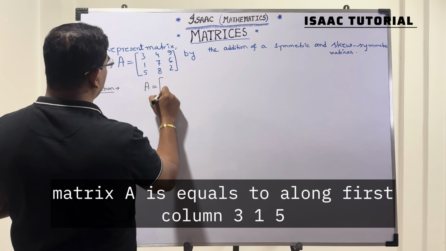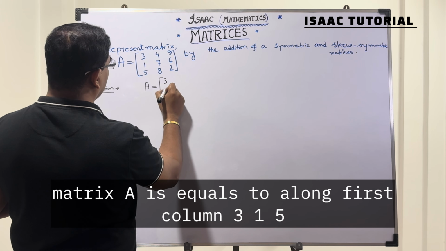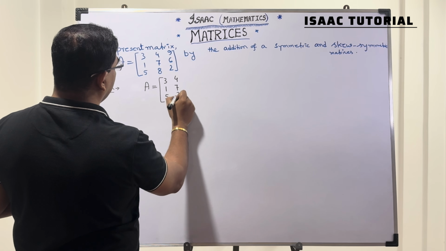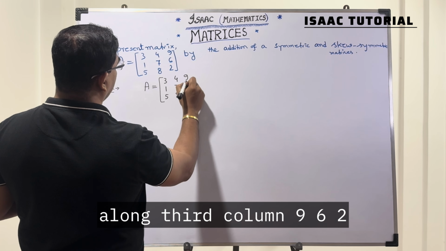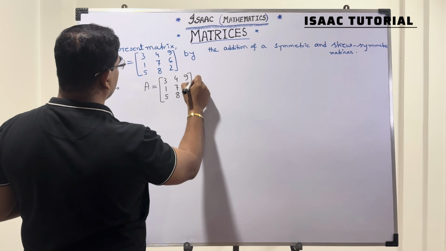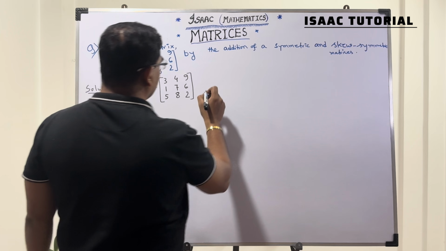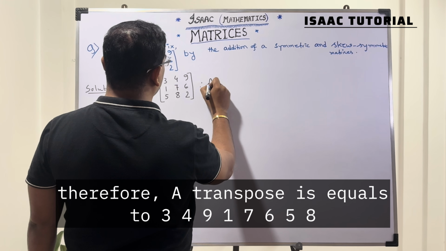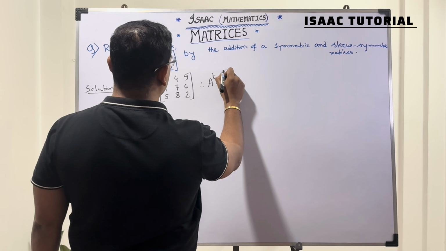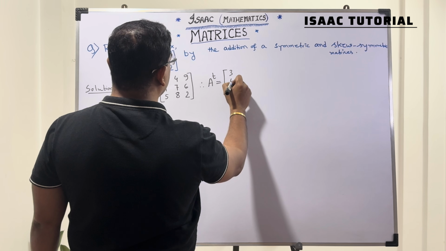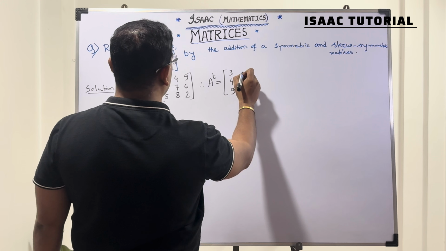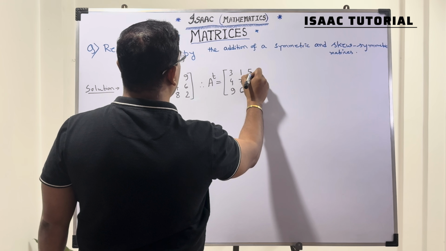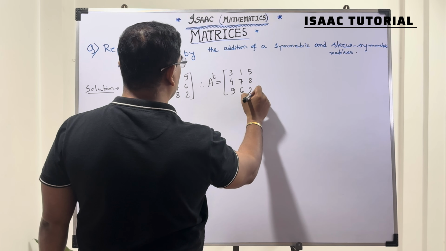Matrix A is equal to, along the first column 3, 1, 5, along the second column 4, 7, 8, along the third column 9, 6, 2. Therefore A transpose is equal to 3, 4, 9, 1, 7, 6, 5, 8, 2.